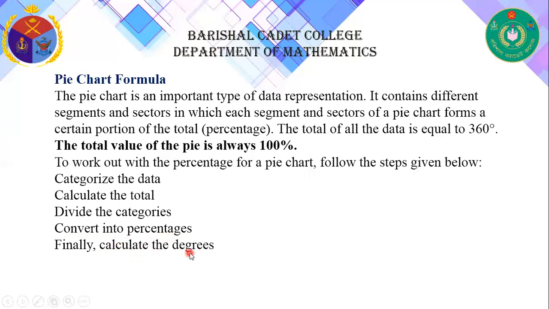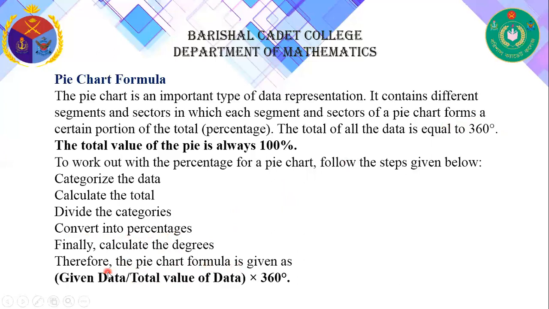And finally we multiply by 360 degrees, we get the respective sector of the pie.